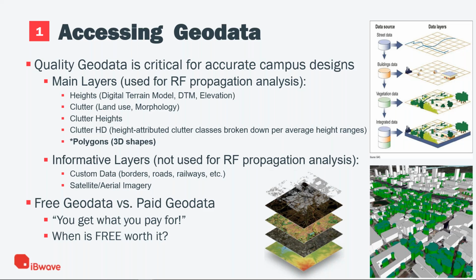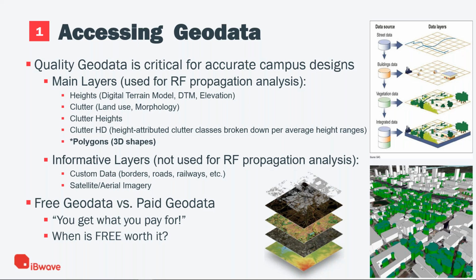And so the next question to ask is, well, how do I get this geodata? And is there any free geodata? Or how expensive is geodata? Well, you can get into hundreds of thousands of dollars when you look at global geodata.